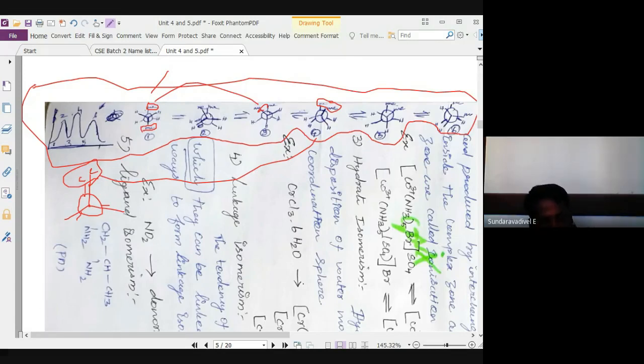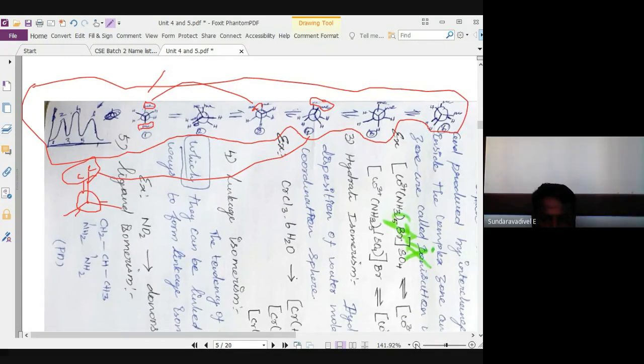Are you completed? And number wise, which one is more stable? 1, 3, 5, 2, 6, and 4.